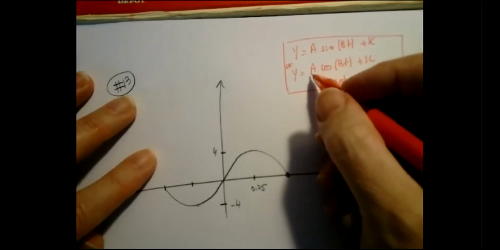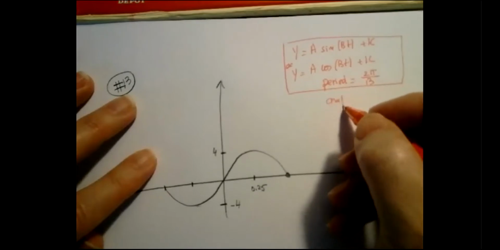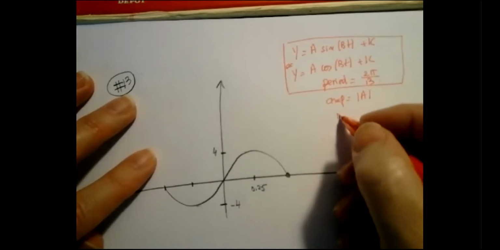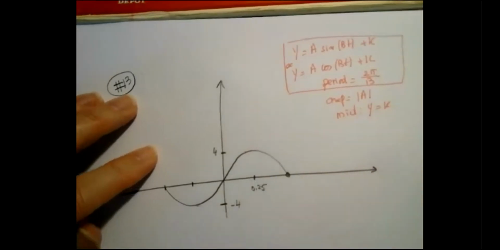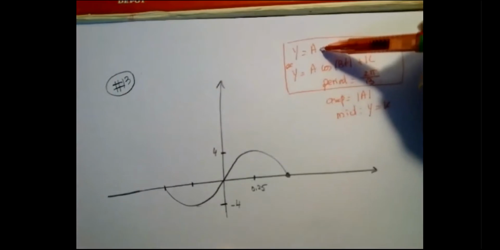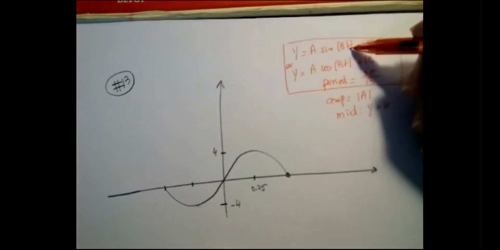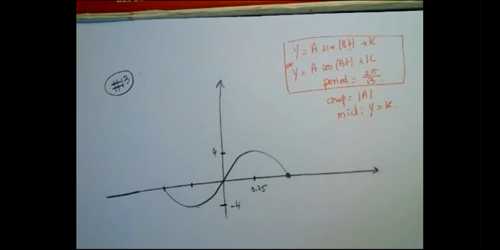A, an absolute value, is the amplitude, k is the midline. So the amplitude is the absolute value of A, and the midline is k. Okay, all right. This shift up, and this stretch or compress horizontally, causing the period to change. All right, so that's really the formula.